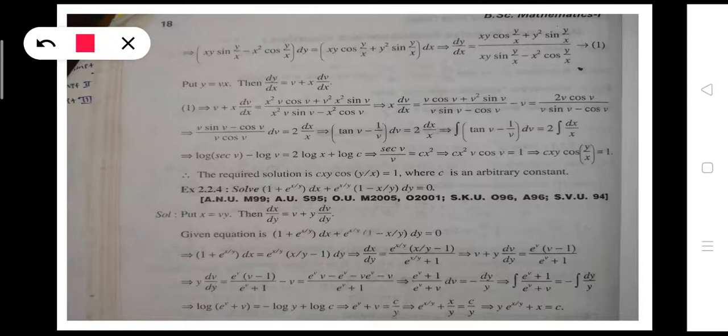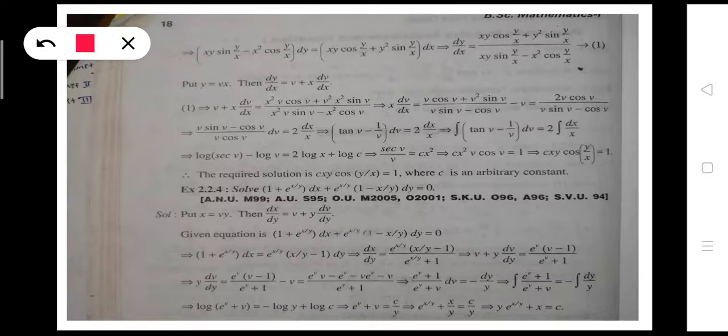Here the given equation can be rewritten with dx terms on one side and dy terms on the other, written as (1 + e^(x/y)) dx = e^(x/y) (x/y − 1) dy.